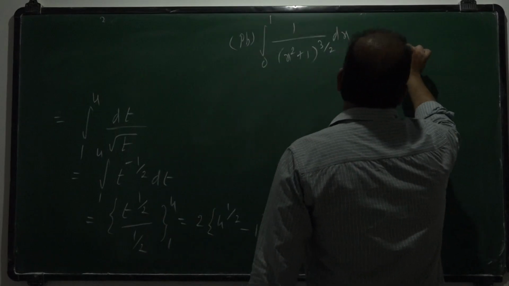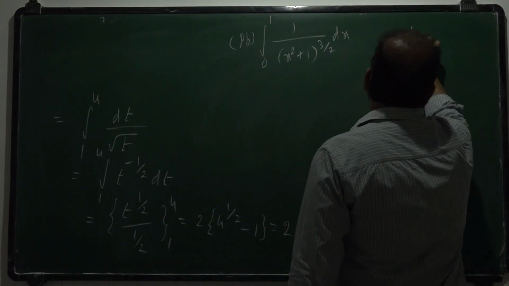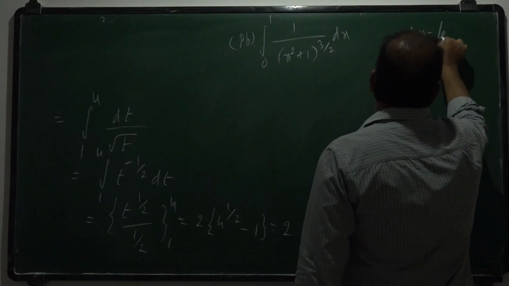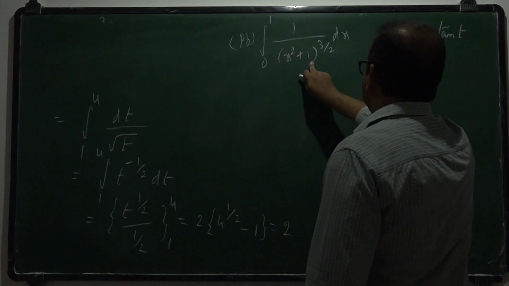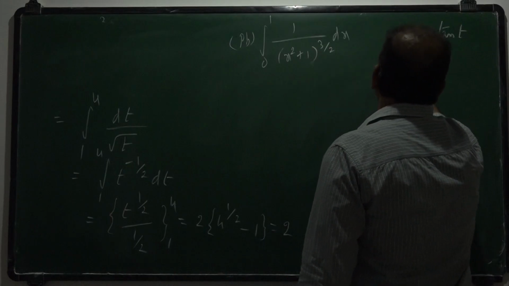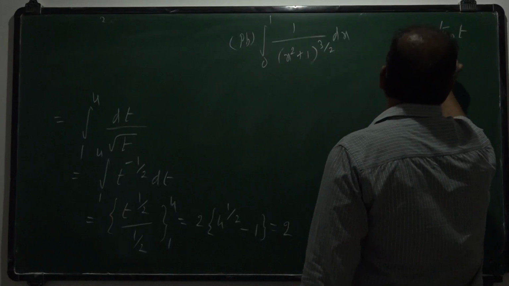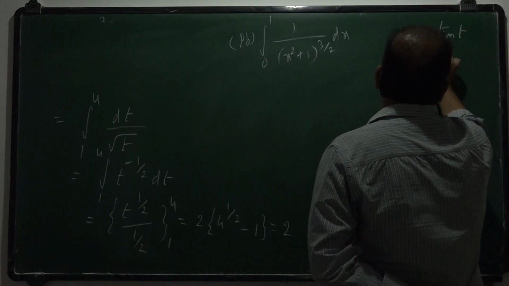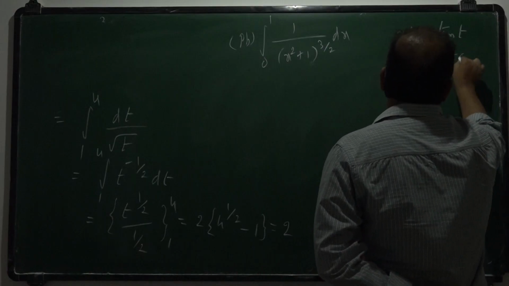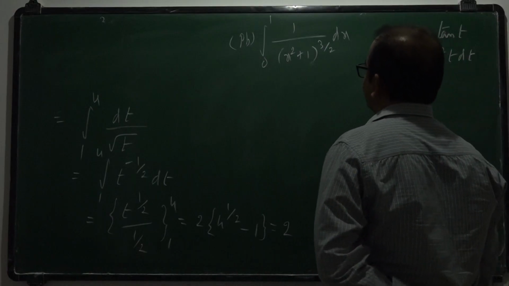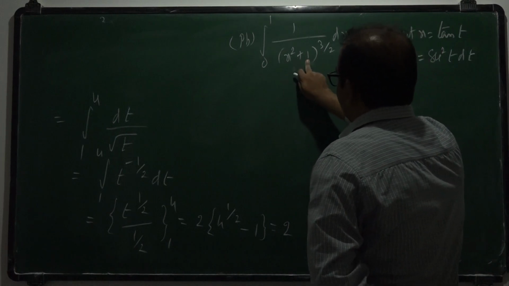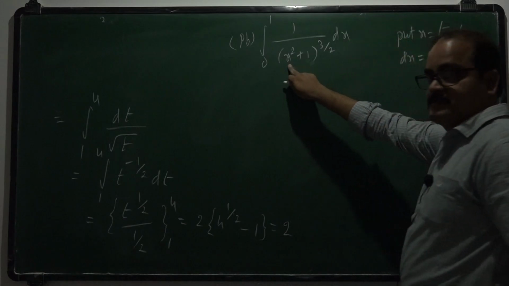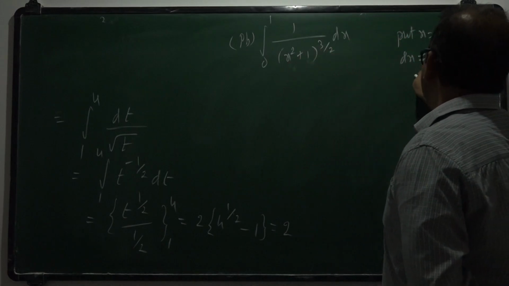Here take x is equal to tan t. Now what is dx? Derivative of tan t, secant square t into dt. Why we take x is equal to tan t? We have one formula in trigonometry, 1 plus tan square t, that is secant square t.